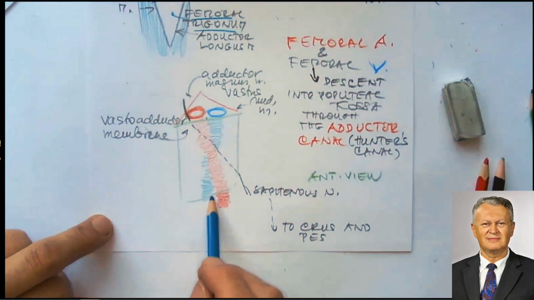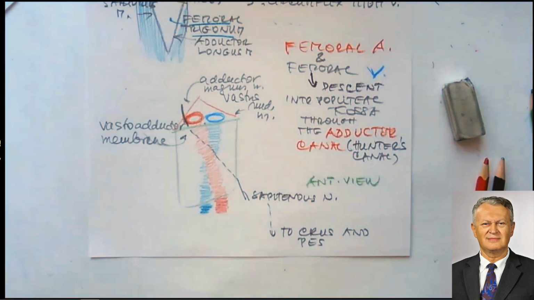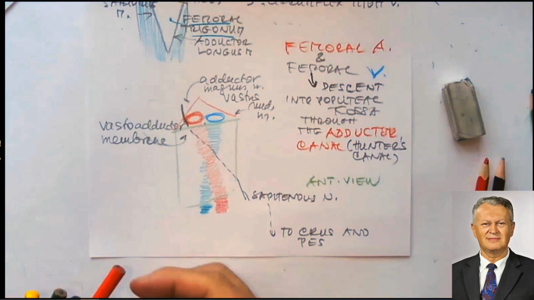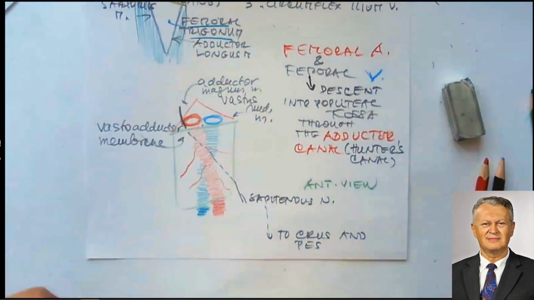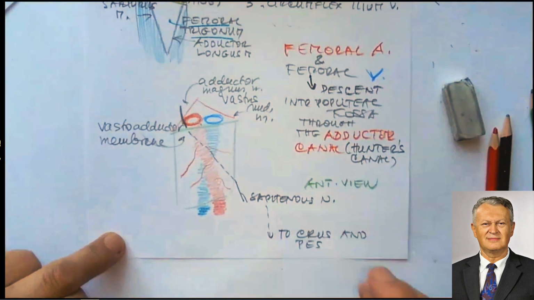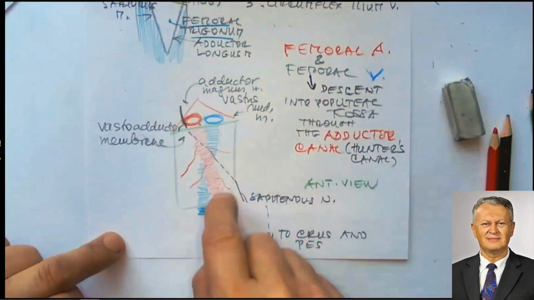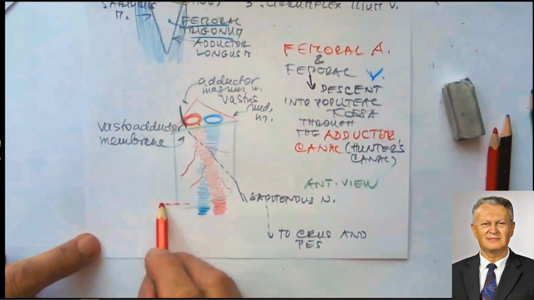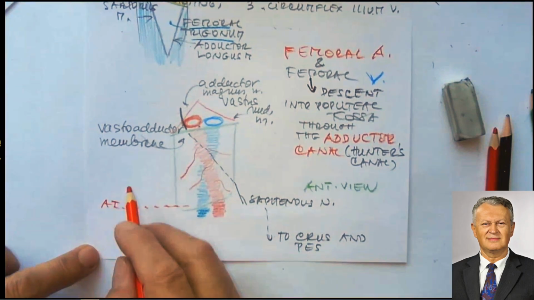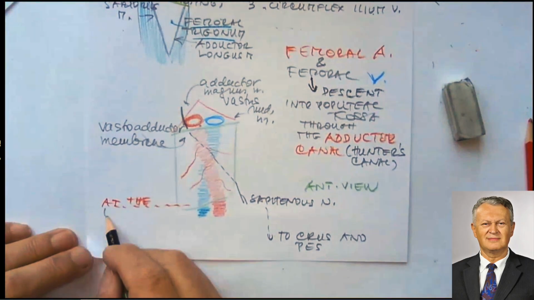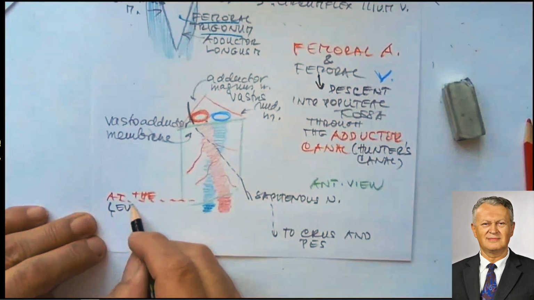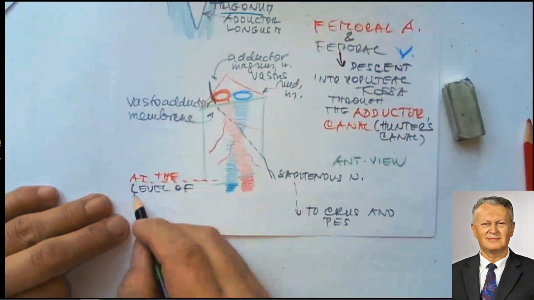We see the vein here, and of course the artery sends muscular branches through the canal, and we see also the course of the saphenous vein. So it goes through the crus. Now we are at the level of the popliteal fossa.